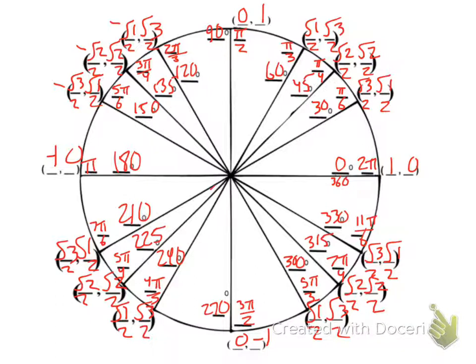In the third quadrant, both x and y are negative because they're going backwards and down, so I put a negative on all of them. And in the fourth quadrant, just the y's are negative, so I put a negative in front of all of them.